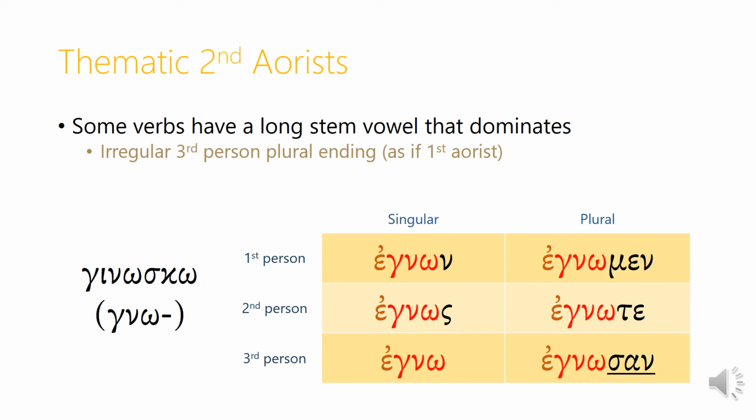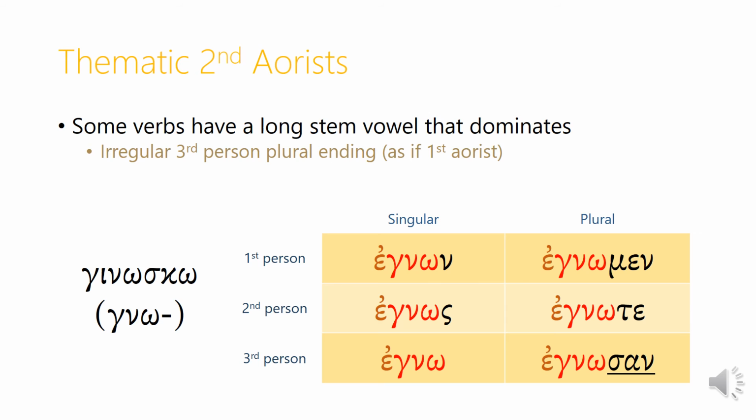Now, there's one other category of second aorists that acts a little bit differently, and these we call the thematic second aorists. With some verbs, the aorist stem, the second aorist stem, ends with a long vowel that ends up dominating the forms because it basically swallows up all of the connecting vowels.